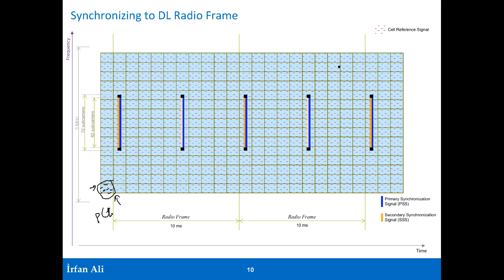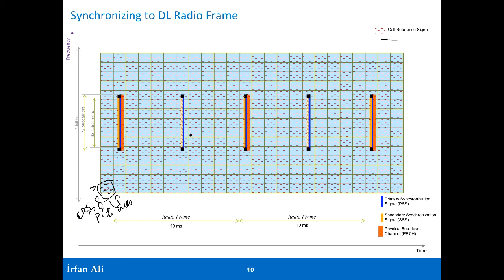These cell reference signals are all over in each and every one of these subframes that we are seeing. There are 8 of them in each subframe that is transmitted. So you have 8 cell reference signals, CRS, in each of the subframes, and this grid enables the UE to synchronize to the frequency in this entire 3 megahertz that we are seeing.